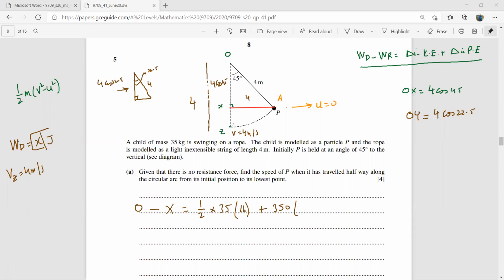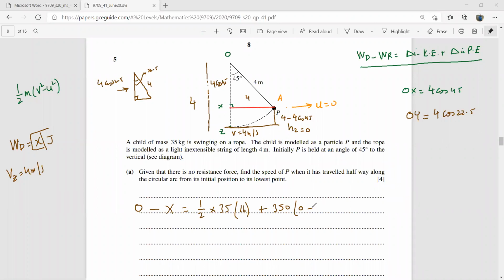So if I consider this as the final level over here, my h2 is 0 and my h1 is this height, that is 4 minus 4 cos 45. So that is going to be 0, the final height, minus the initial height, that is 4 minus 4 cos 45.